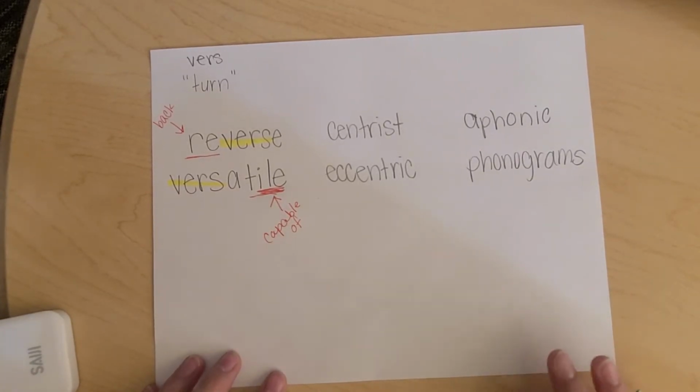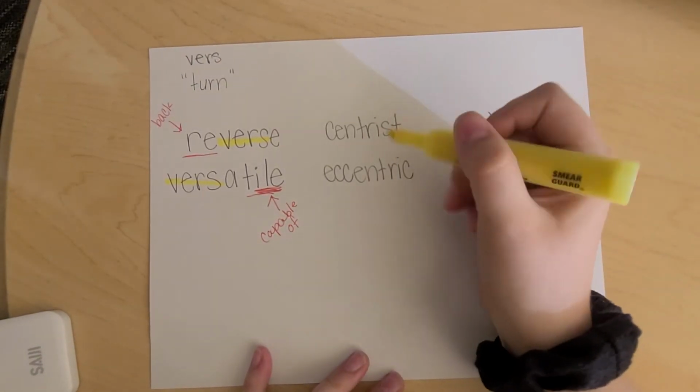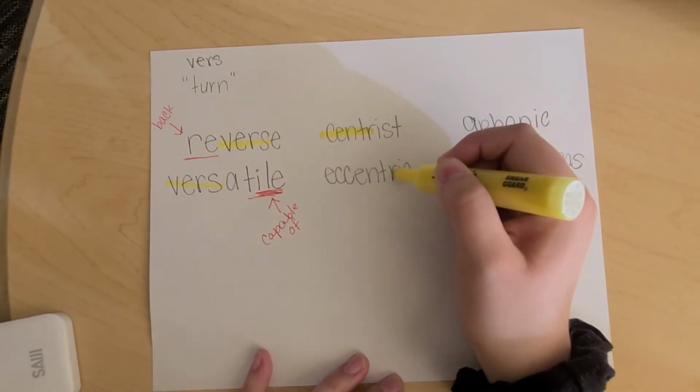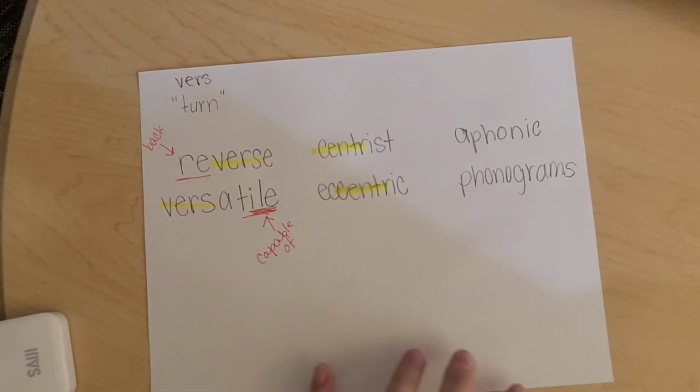All right, so looking at the next two words, centrist and eccentric. I have come across the word eccentric before. I have not before come across the word centrist. But I do see that my word root, center, is in both of them.